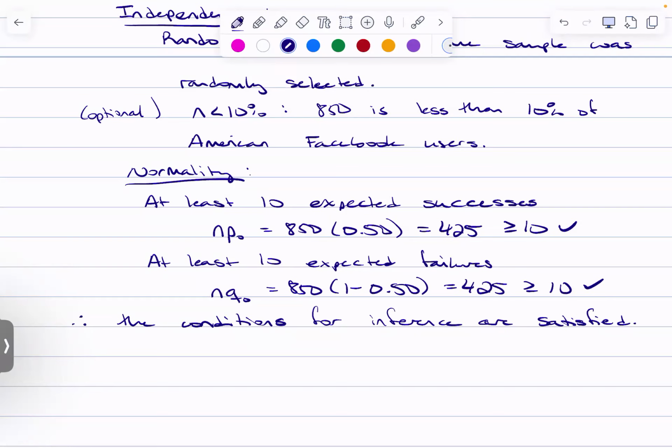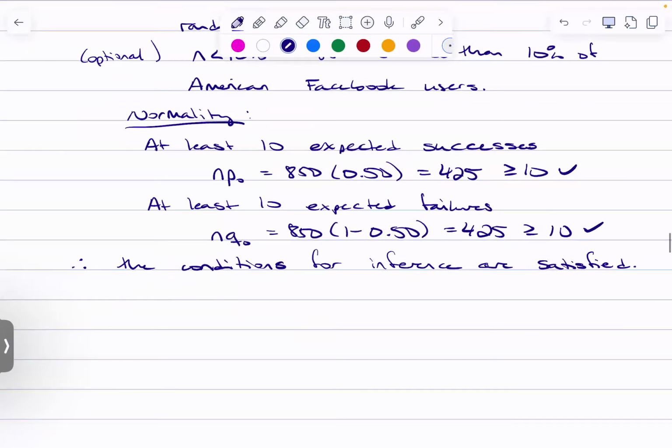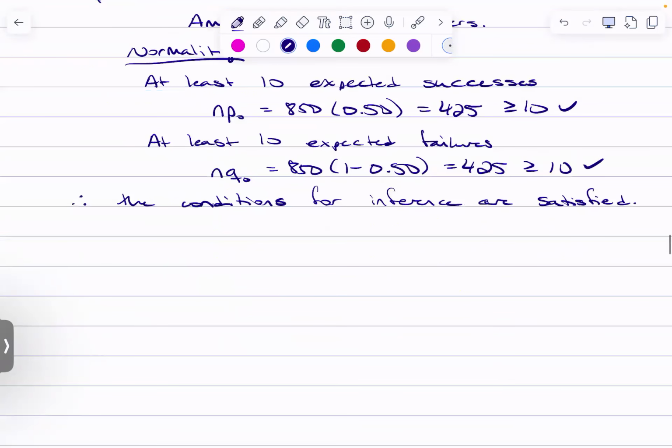I have to make sure that you know how to do it. Okay. Sometimes, or more often, I'll say, you may assume the conditions for inference are satisfied. And then you can skip this step. So most of the time it'll just say, hey, you can assume the conditions are satisfied, move on, and jump into step one.